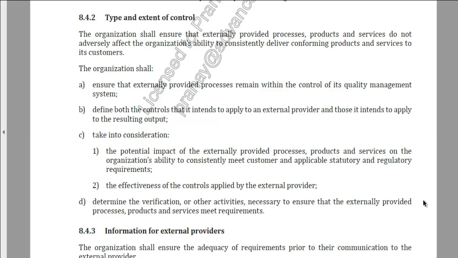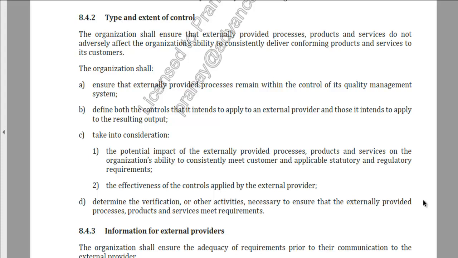Two, it is saying that we must apply two kinds of controls. One, what are the controls we are exhibiting on the external provider? Two, what are the controls we intend to apply to the resulting output? C, take into consideration the potential impact of the externally provided processes, products, and services on the organization's ability to consistently meet customer and applicable statutory and regulatory requirements.